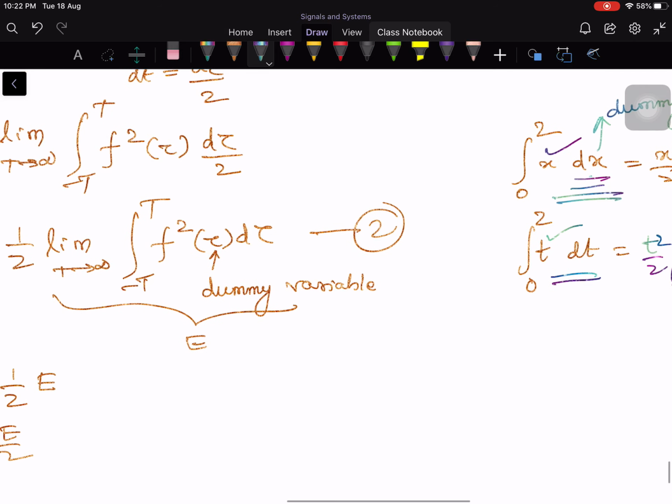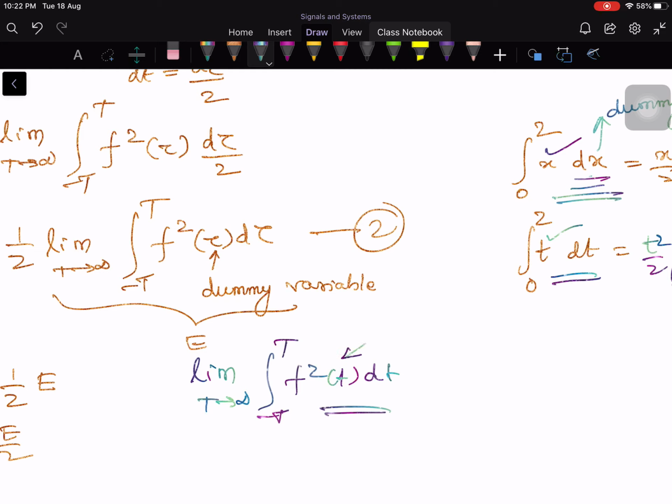That is why either you write f square of tau into d tau, or limit t goes to infinity, minus t to t, f square of t times dt, it is not going to be changed, because after all this t is a dummy variable in the integration. This is also a dummy variable. Therefore it is not going to affect your final result.